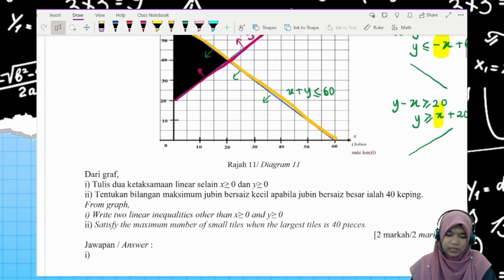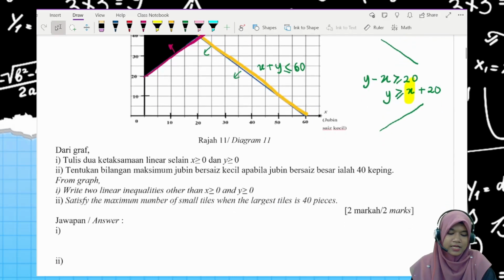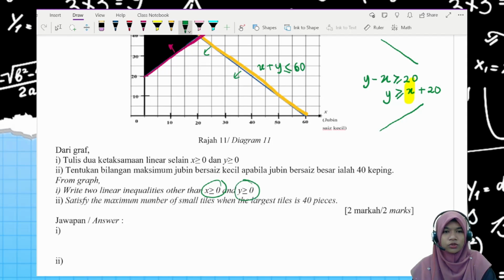Now the question is from the graph, write two linear inequalities other than x greater than or equals to 0 and y greater than or equals to 0. This means it involves the positive quadrant, where x is positive and y is positive.